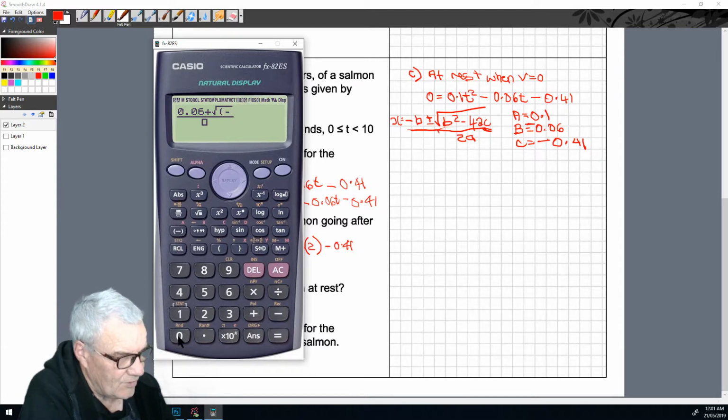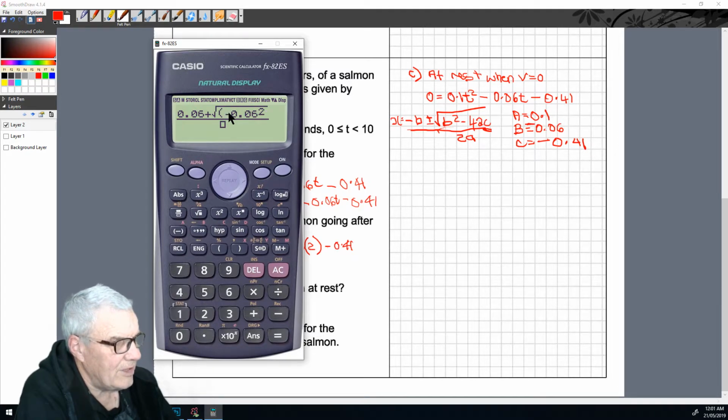Then we'll do plus the square root of b squared, which is negative 0.06 squared. I don't know why I put the bracket there. We'll come back and take the bracket out.